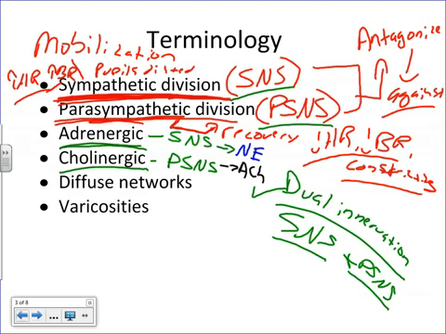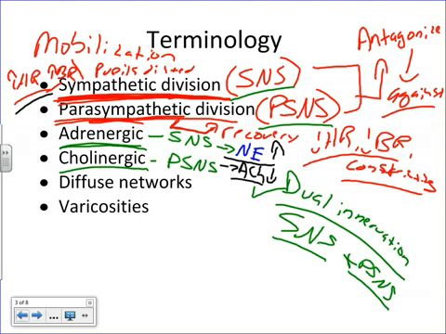So when sympathetic nerves want to elicit their effects on an organ, you're noticing a pattern here, essentially increasing activity of the tissue, those sympathetic nerves will release norepinephrine, and that'll increase the metabolic activity of that tissue.